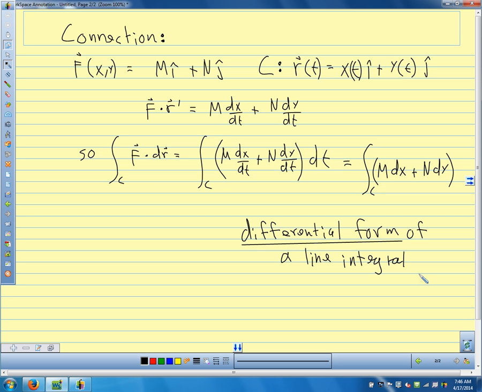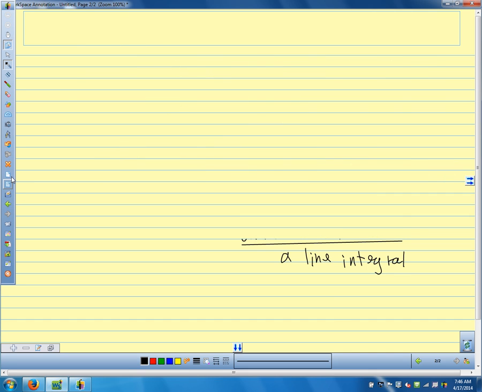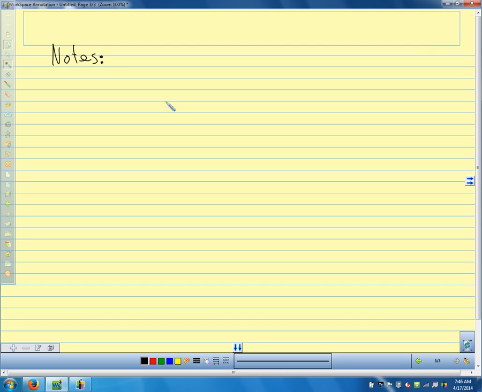A couple of important notes, and we've talked about this as we went on. So I just want to re-emphasize these before we do these examples. The magnitude of our line integral is independent of the parameterization of the curve.